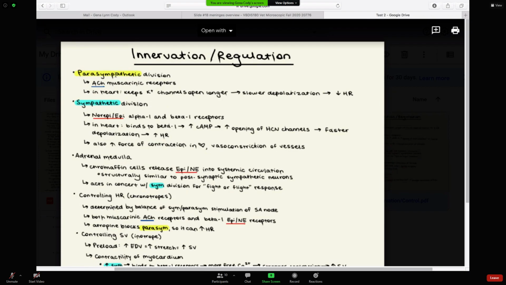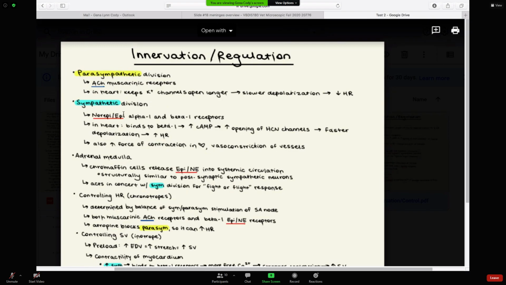If you think back to those action potential plateaus, part of the reason it plateaued was because the potassium channels are open a little bit longer than the calcium channels. If I keep that open longer, I'm prolonging the time it takes to cause a depolarization. It slows the depolarization rate, so therefore my heart rate slows down.